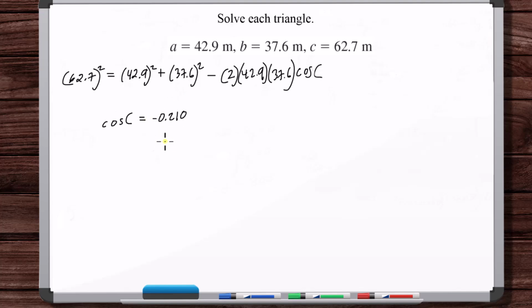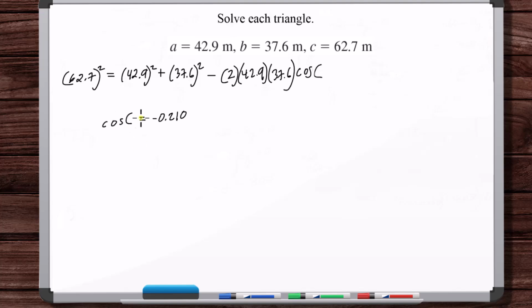There's no situation with the law of sines where you have sine of something equal to a negative value. Why not? Because the range of inverse sine is negative 90 to 90, or negative pi over 2 to pi over 2. So you can't have the sine of an angle equal to a negative value. There are no negative angles in triangles.